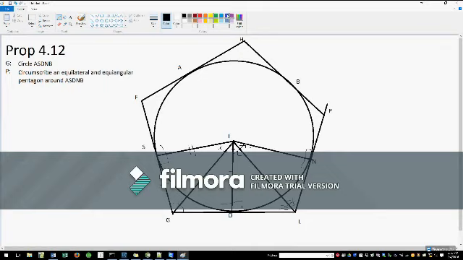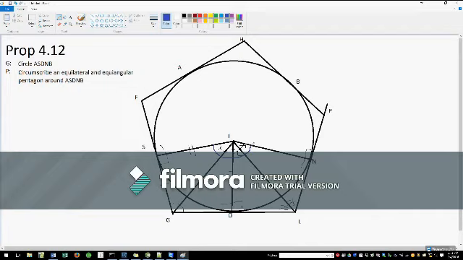Therefore the angle STD is equal to the angle DTN, invoking Prop 27.